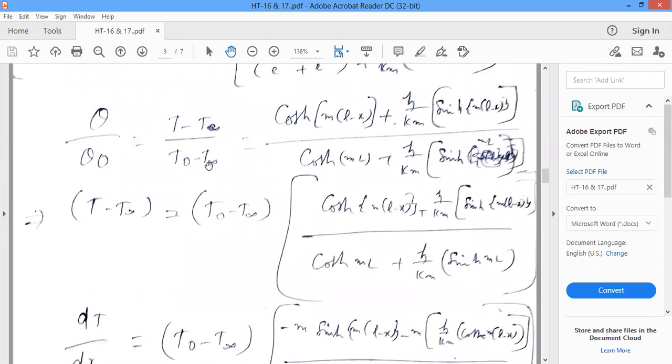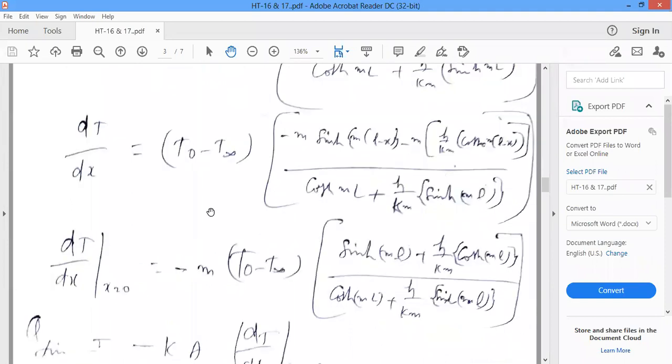T minus T free stream divided by T naught minus T free stream is equal to cosh m(L minus x) plus h by km sinh m(L minus x), divided by cosh mL plus h by km sinh mL. This is the temperature distribution equation.